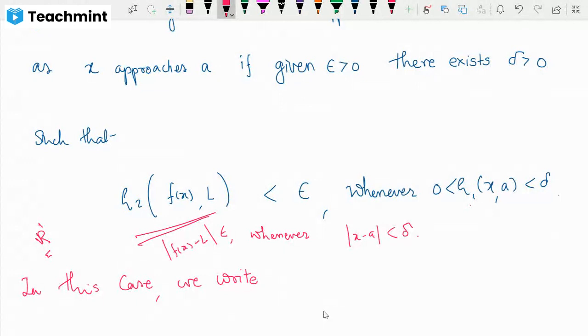So that was our usual definition of limit in the set of real numbers, which we saw in the previous course. That is limit of a sequence or limit of a function. So here we are defining limit of a function in a general metric space.